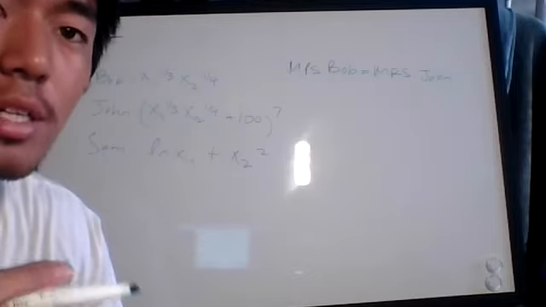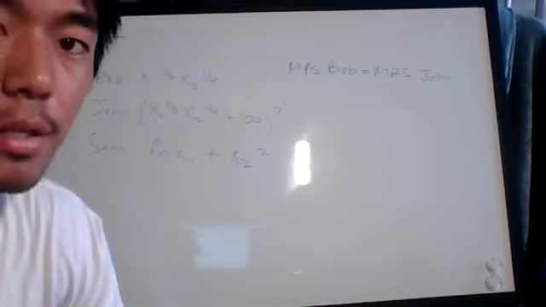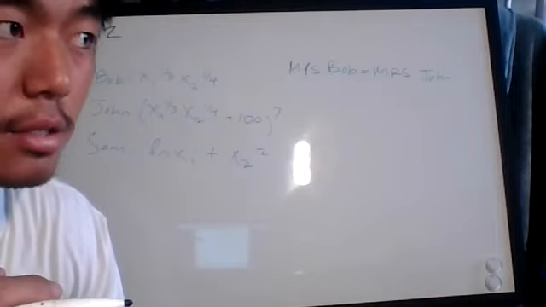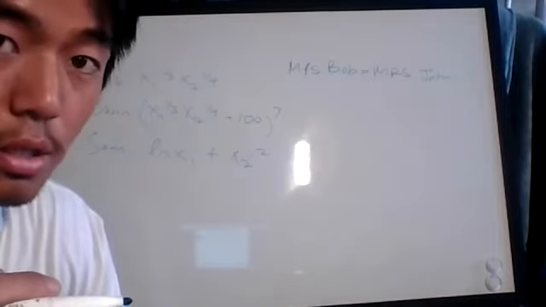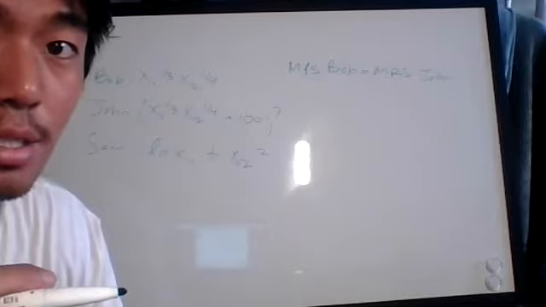So let's take a look at the answers. Bob's MRS is bigger than John's. Well, we just described the fact that they are equal to each other, right? So that can't be right. Sam's MRS is 0.